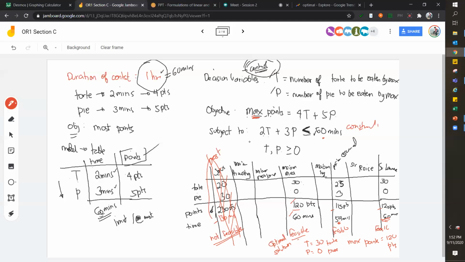Okay? Questions? So, sa ngayon, nag-trial and error tayo kasi maliit lang yung equation natin. Pero sa mga susunod na topic, next week or 2 weeks from now, we'll start to solve graphically and then another method, which is simplex.